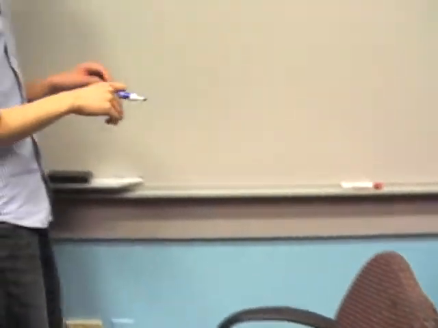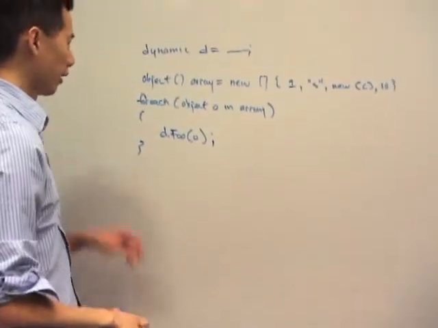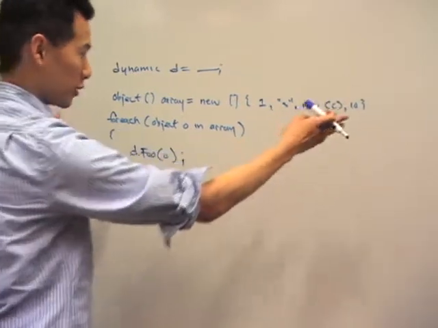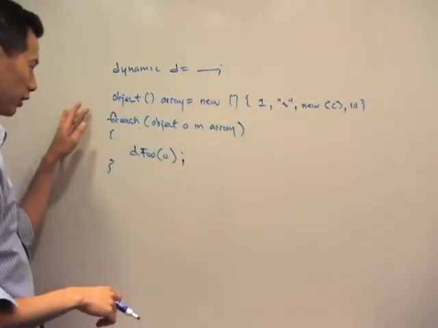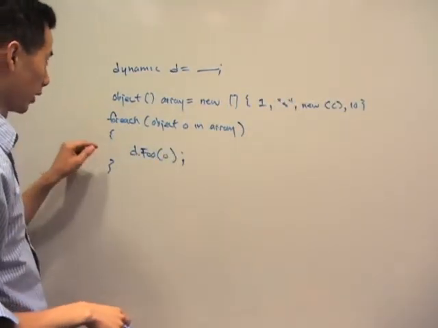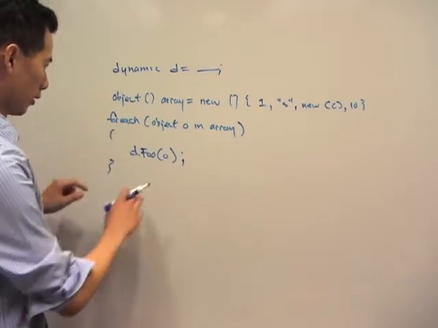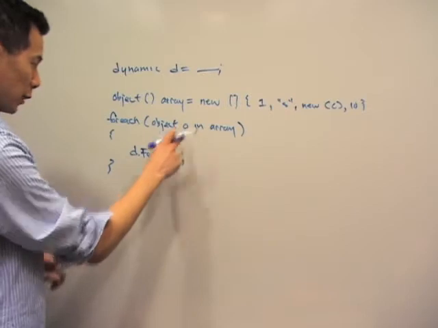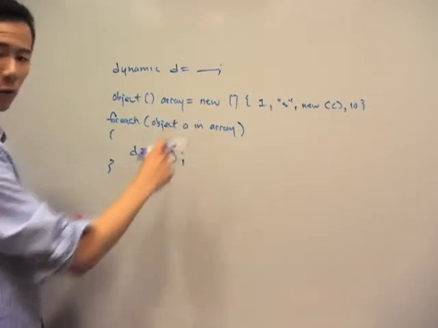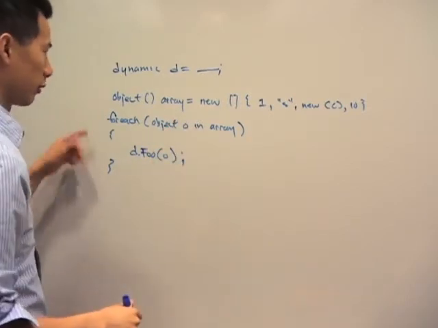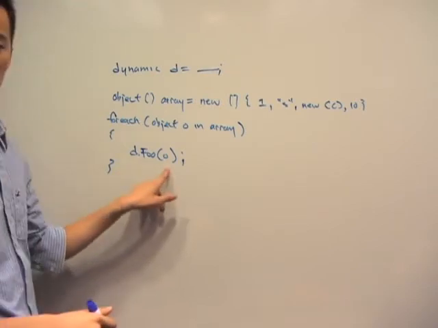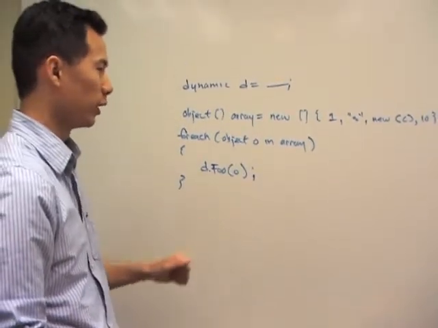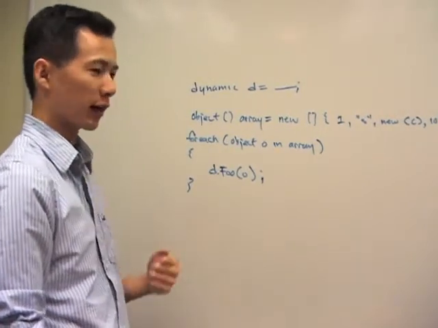Right, so to illustrate what Eric was just talking about, suppose we have an object array which has a whole bunch of different objects of different types, and then we foreach over that array, and we want to call a dynamic method foo off of a dynamic object with whatever O holds. Well, for each iteration, the type of O is going to be different, and depending on what the type of O is, we're going to dispatch the call at runtime differently.